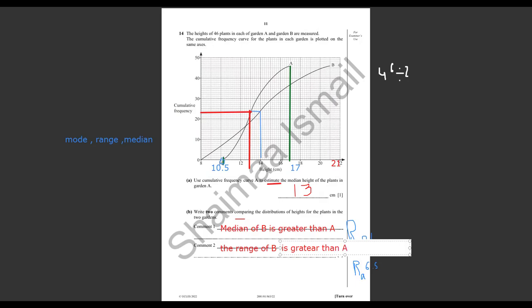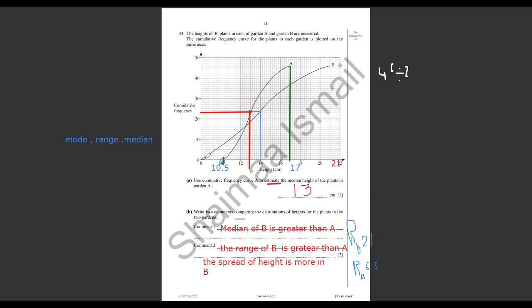By the way, you can also talk about the spread of height. He always asks about the spread of height. The spread of height is greater in B, because he likes to listen to this word, the spread of the height or the spread of the length.